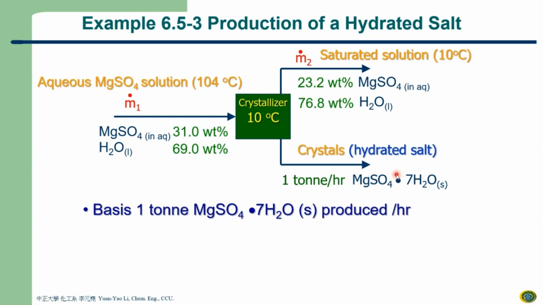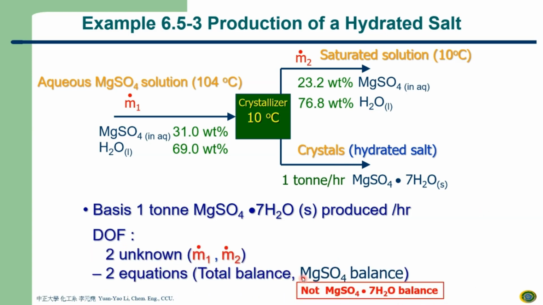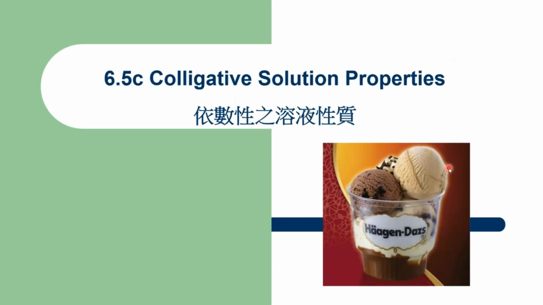So the key for this example, that's the reason I want to talk about this example with you, is remember you do the MgSO4 balance. You don't do MgSO4 with 7 H2O to do the input equal to output. Okay, so you have water input equal to output, and magnesium sulfate input equal to output. That's why you need to know this. I don't go into detail with you. Please practice this by yourself.